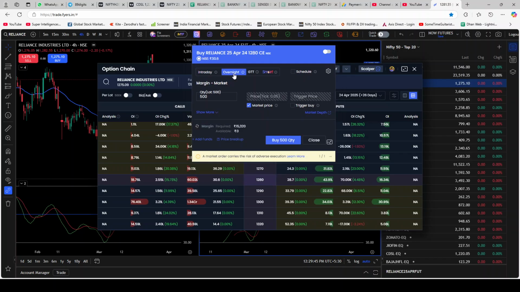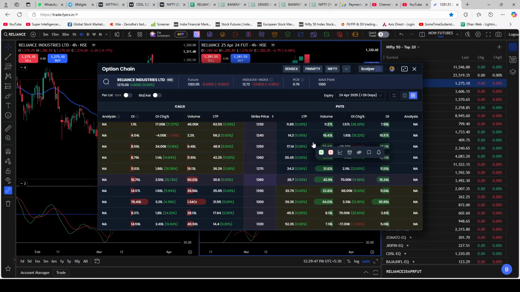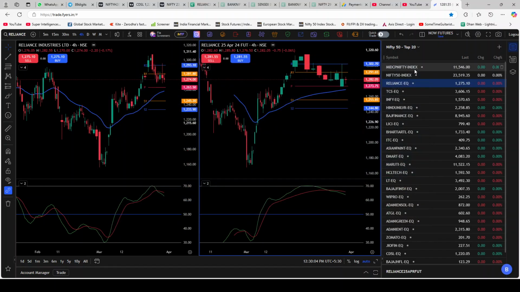If I want to make it overnight, it's also saying 15,000. But options, as you know, can really spike and be mind-blowing at times. So if I had to personally carry a position, if I'm bullish or bearish in Reliance, for example, I would go the futures way instead of the options way.